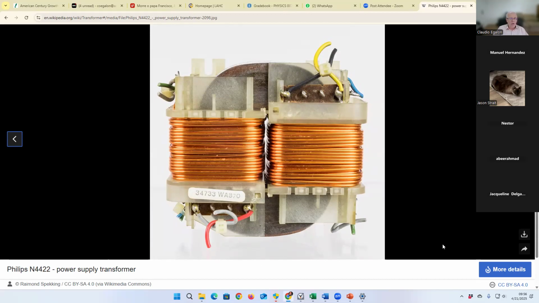In order for you to either increase or decrease the voltage from the primary solenoid to the secondary solenoid, you have to adjust the number of windings, the number of turns in the secondary solenoid.